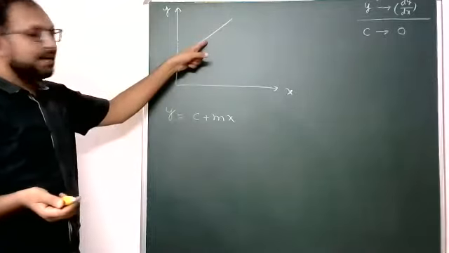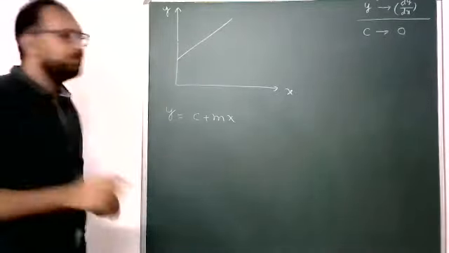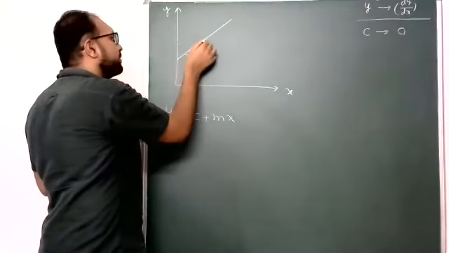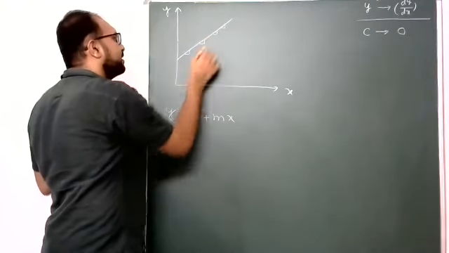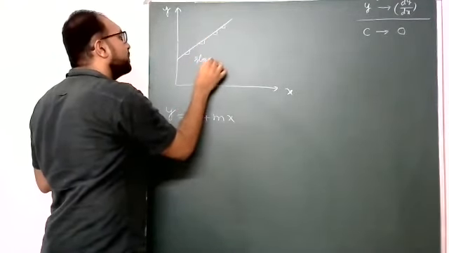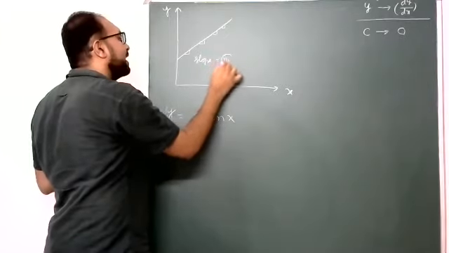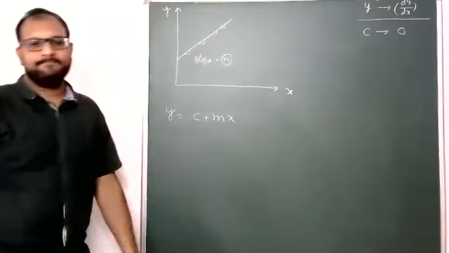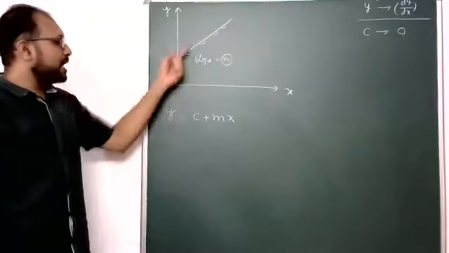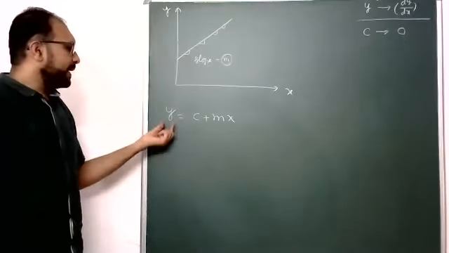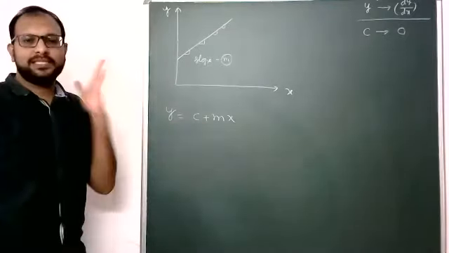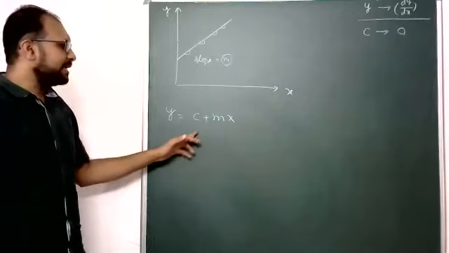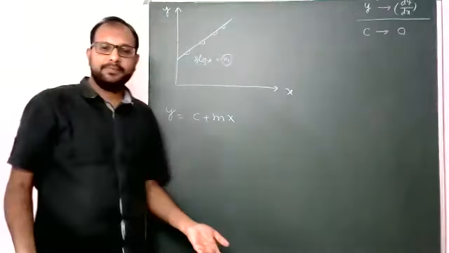But this straight line has the same single slope. Yes, here slope whatever may be, here, here, here, that slope is nothing but m. So not only y equal to mx, for all these types of straight lines the slope is m.